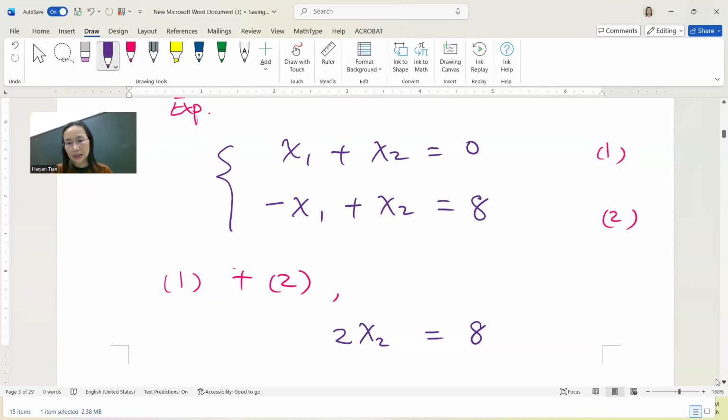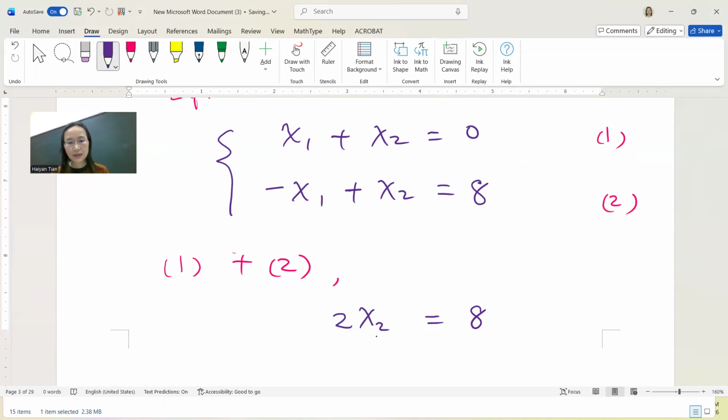So let's divide both sides of the equation by two. Then the left-hand side becomes x2, the right-hand side becomes 4. Once you get x2, you substitute the value of x2 into either one of the two equations.